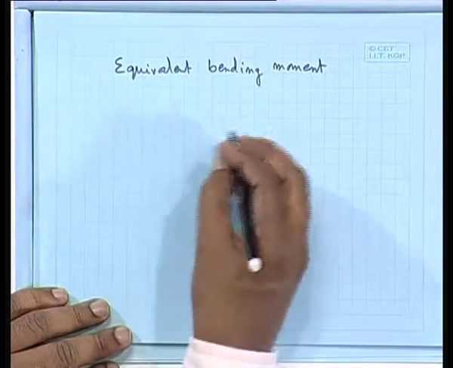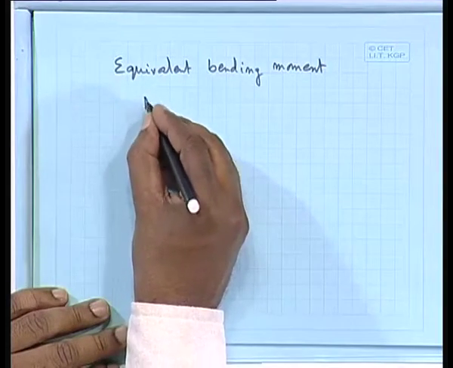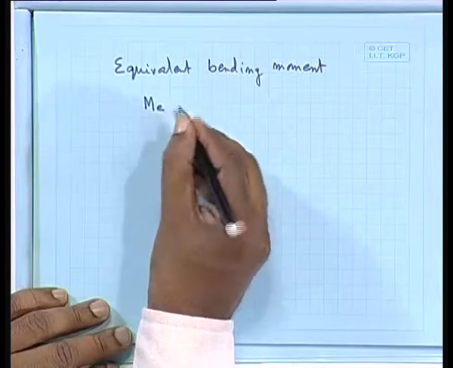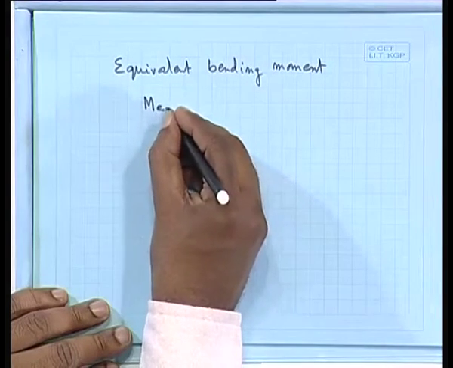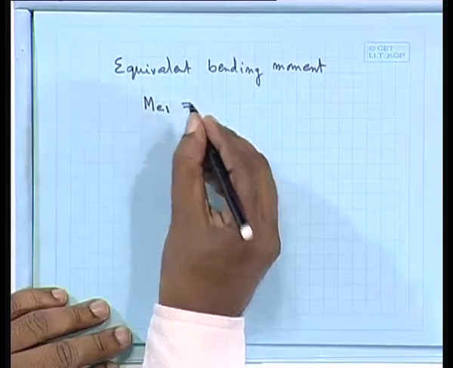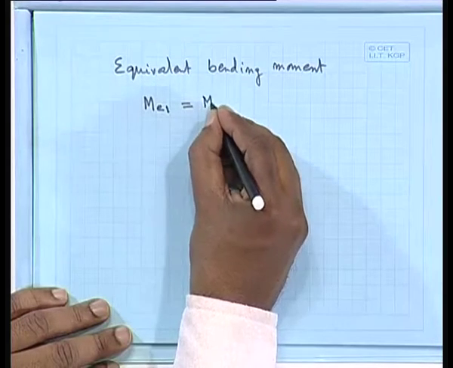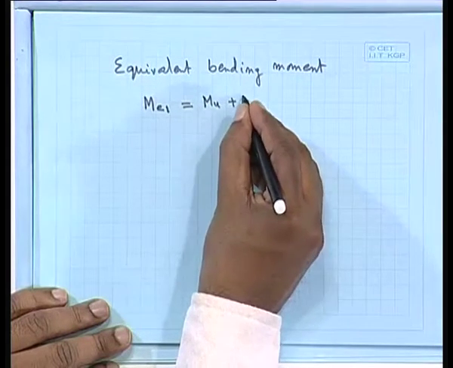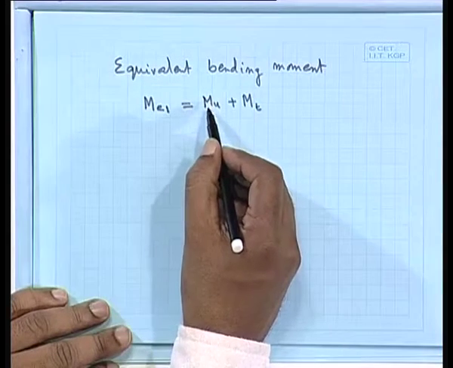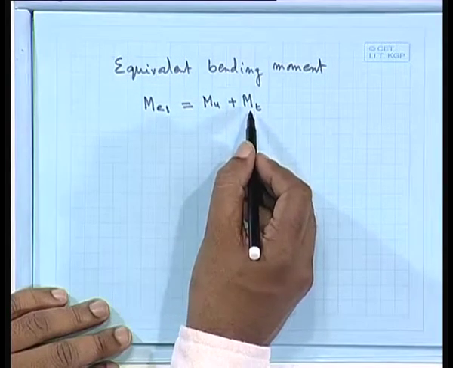So, I can write down here ME1 equal to MU plus MT. This is for the applied load and this is for the torsion.